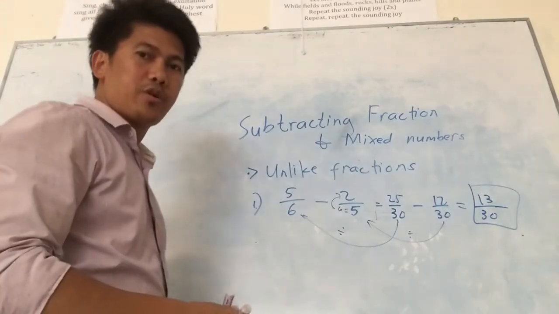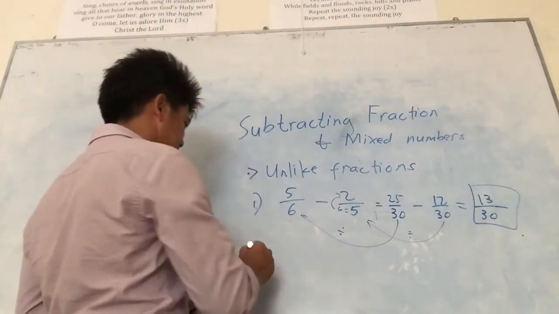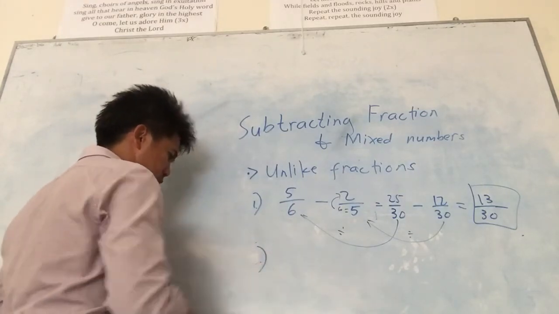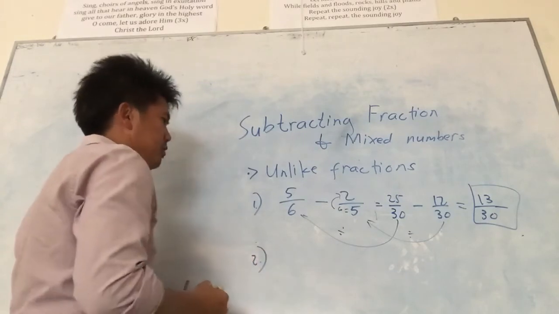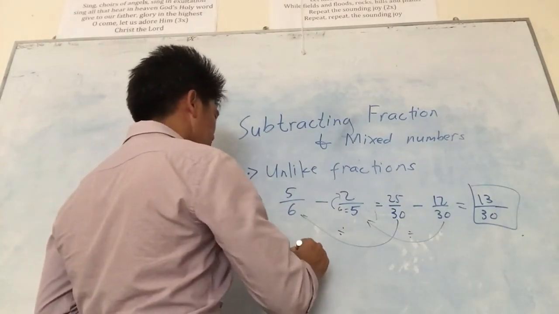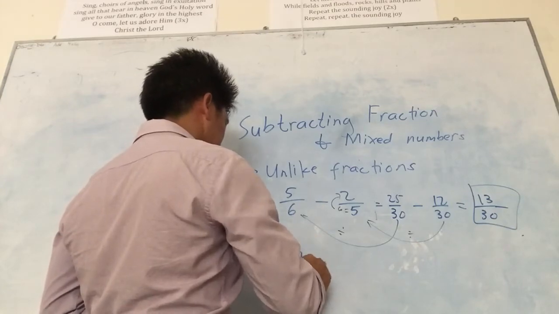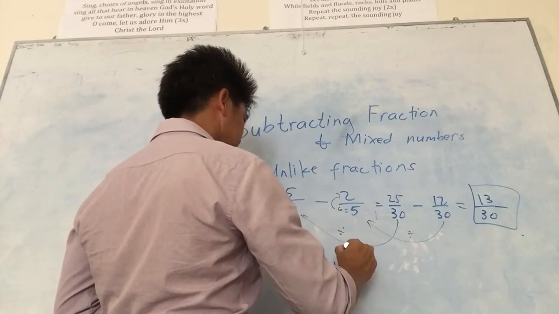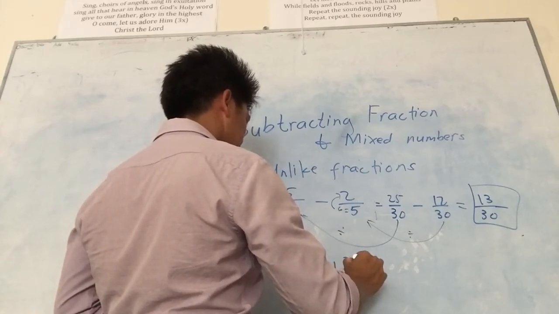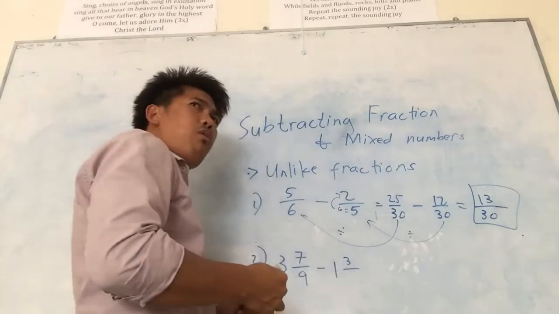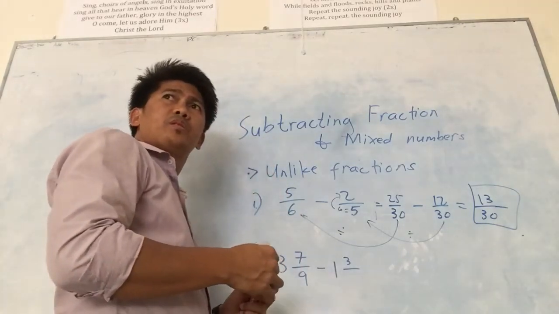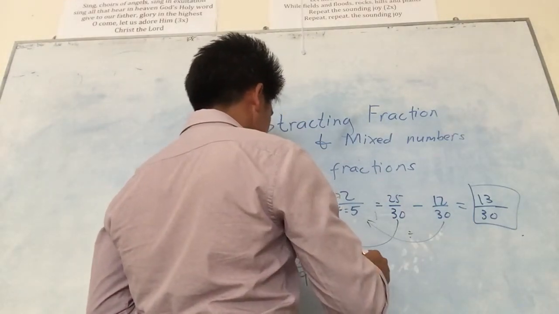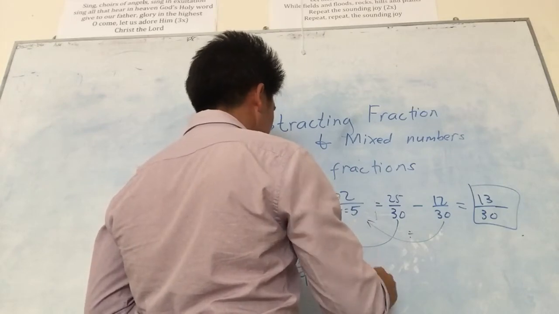How about for mixed number? Okay, that's number 2. 3 7/9 minus 1 3/8.